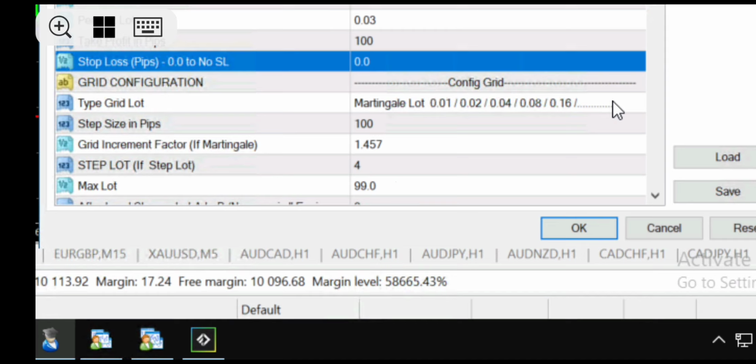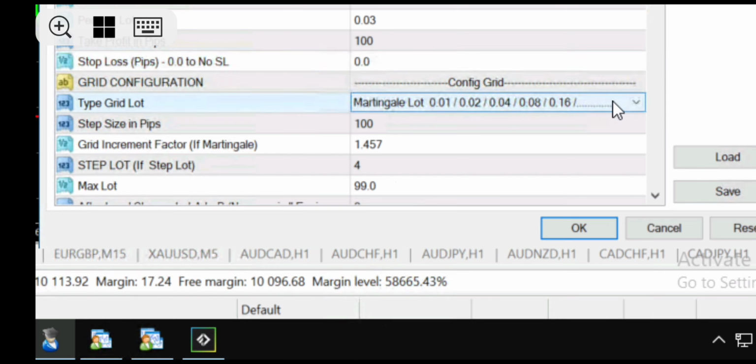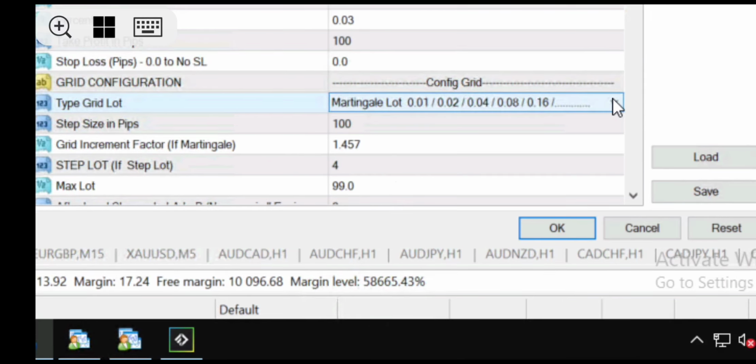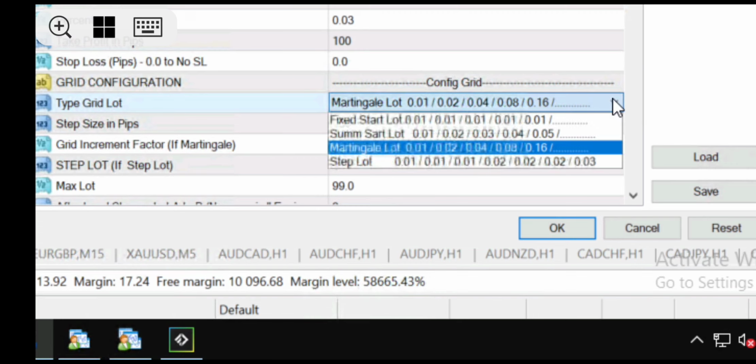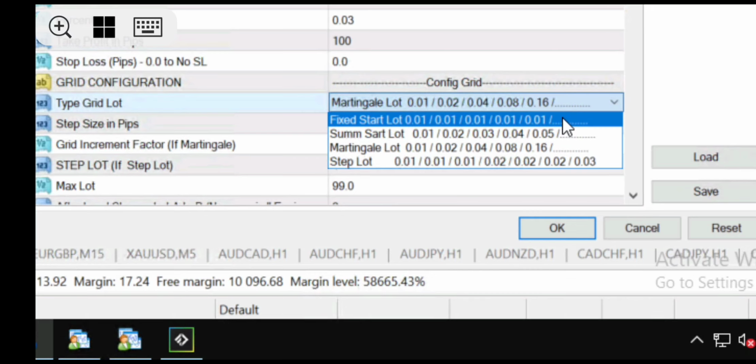The next one will be multiplied by 2, which is 0.04, then 0.08, and it goes on like that. Though it is a risky strategy, it is rewarding. If you don't want to use martingale, you can use a fixed lot. It will not increase the lot, it only continues to open the same lot.